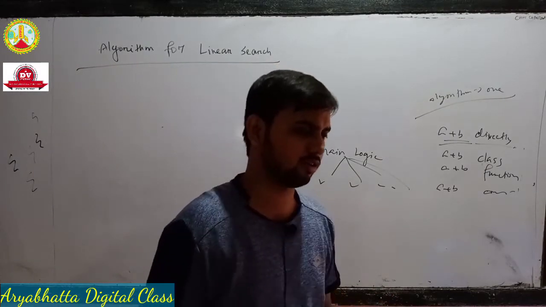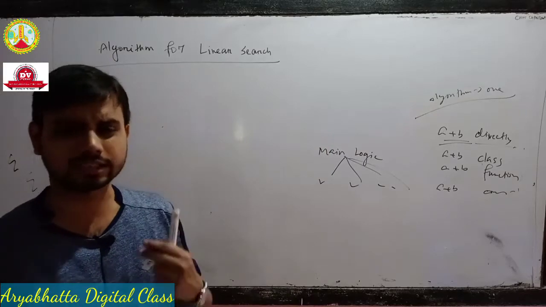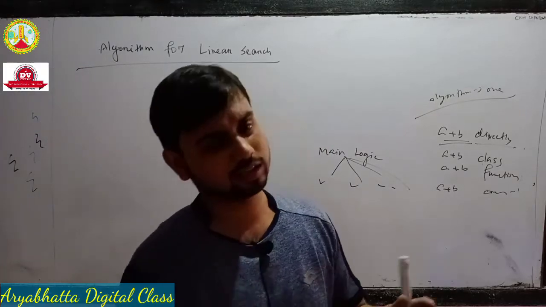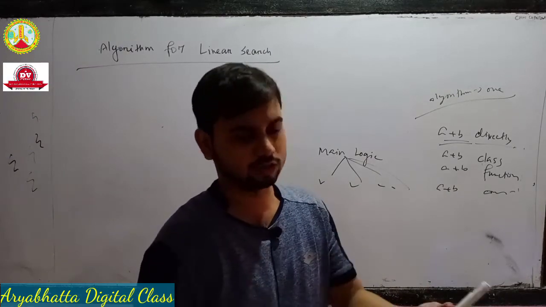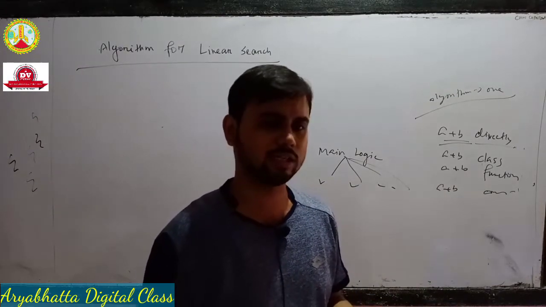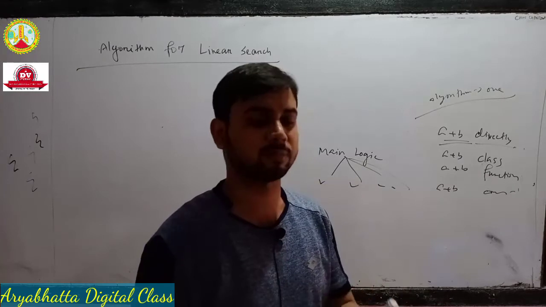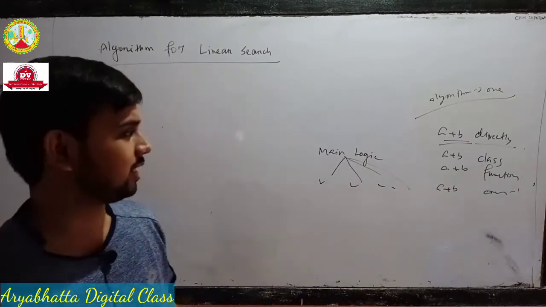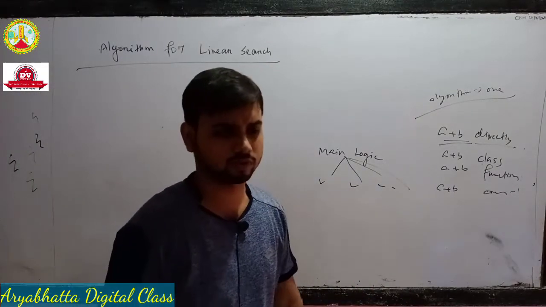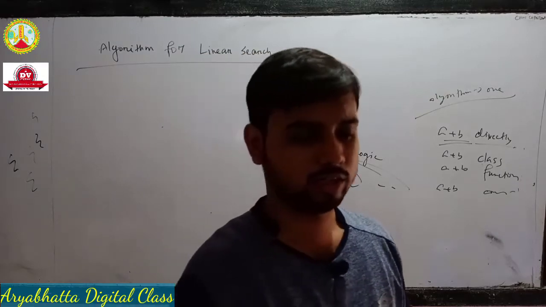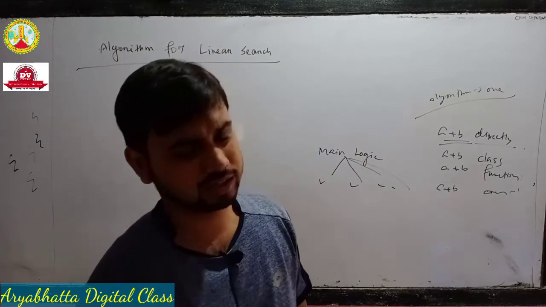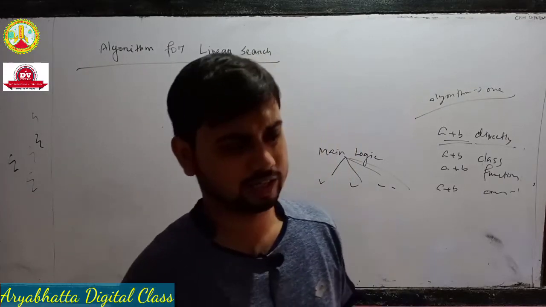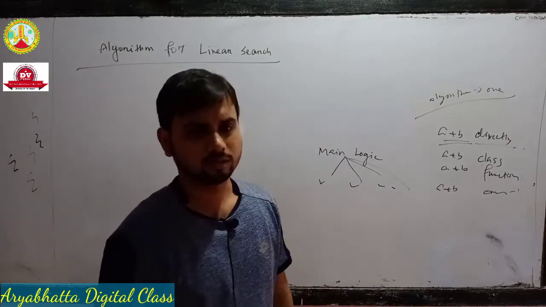Like we write hashtag include conio.h. If you do the same program in Linux, you do not need to mention the conio.h header. You have to write using namespace std. Or we write some functions like getch and clrscr, but when we do the same program in Linux, that type of function does not work.